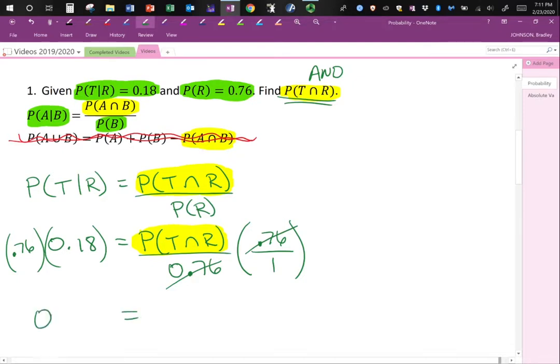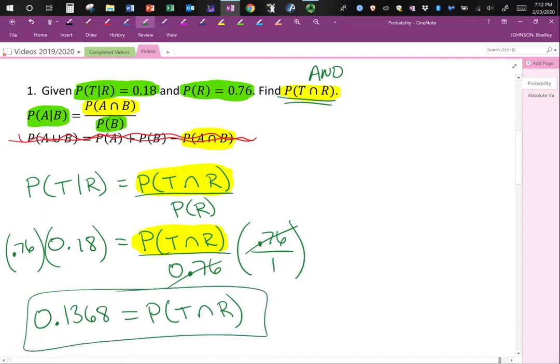You can use your calculator, and if you take a second to type it in, you should get 0.1368. And then I'll finish my notation off. This is the probability of T intersect R. And there we go. We are all done.